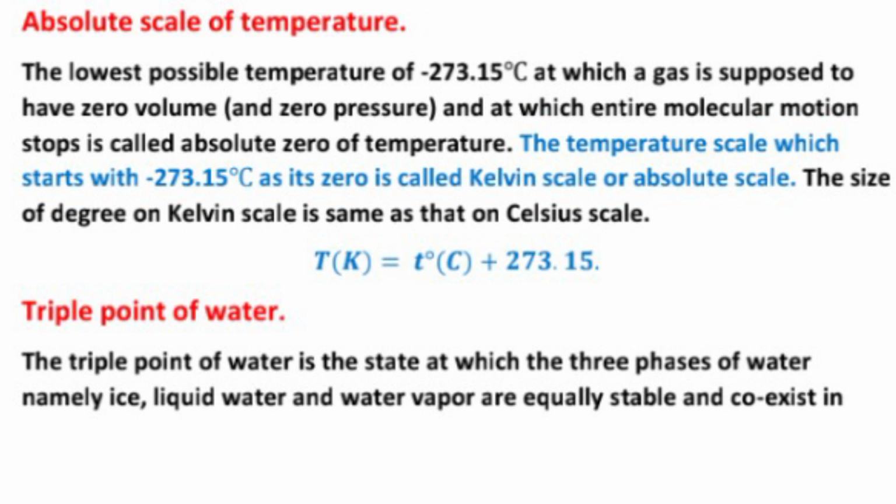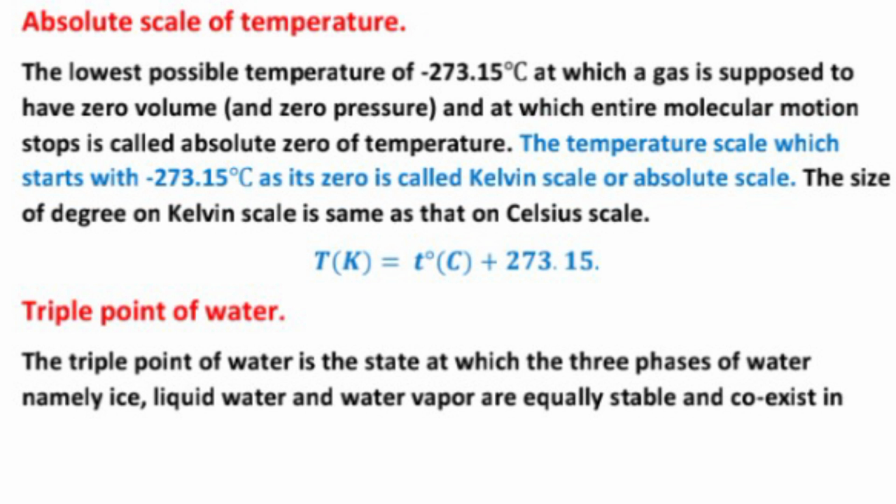The temperature scale which starts with minus 273.15 degrees centigrade as its zero is called Kelvin scale or absolute scale. The size of degree of Kelvin scale is same as that on Celsius scale. Kelvin temperature T equal to temperature plus 273.15 degrees centigrade.